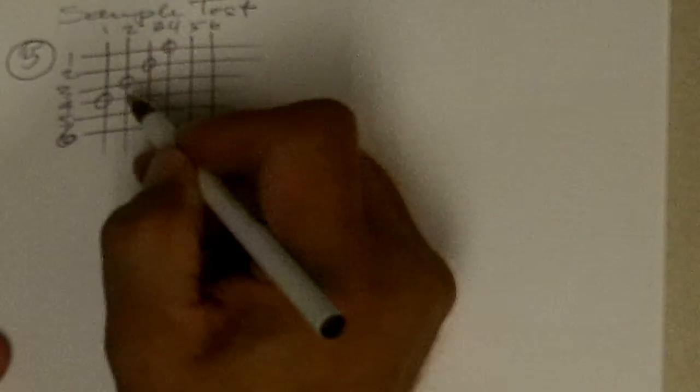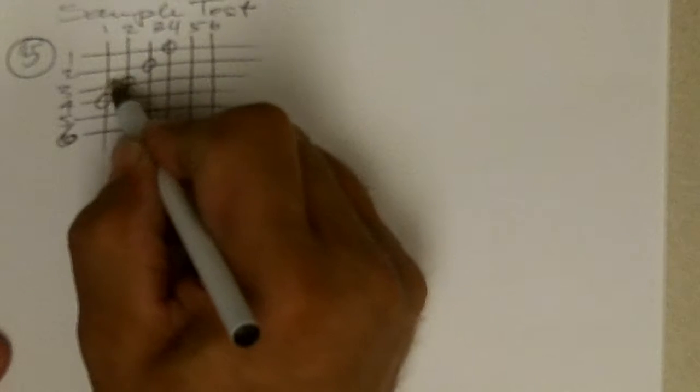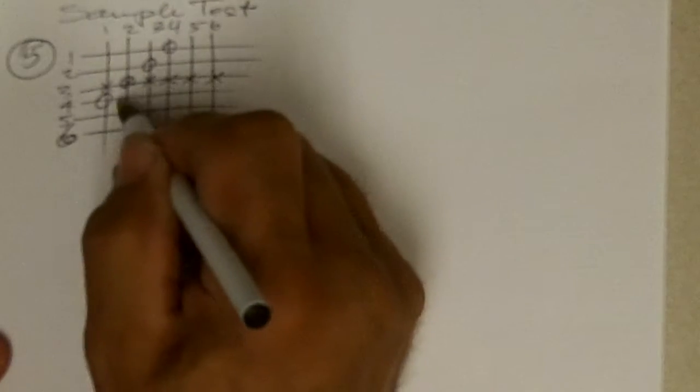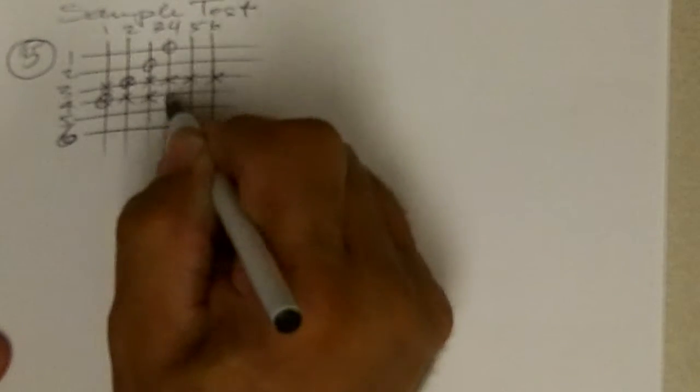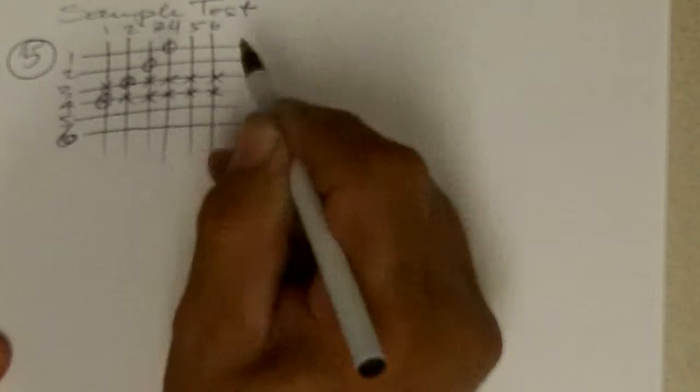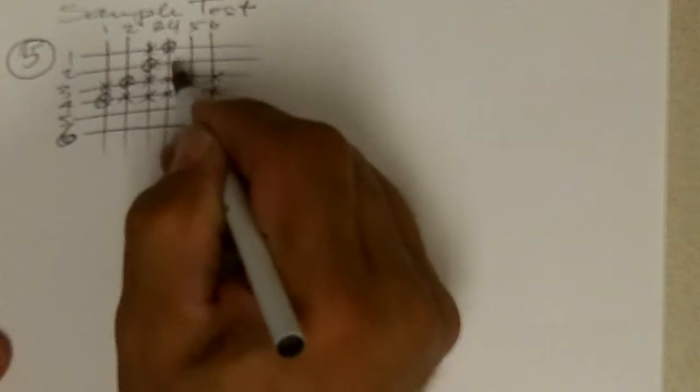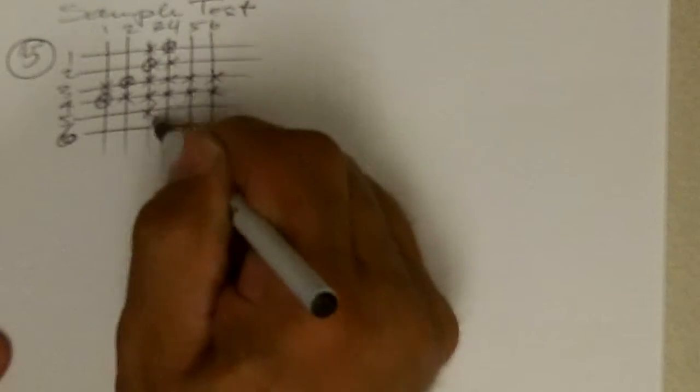And B is a 3 or a 4 shows on at least one die. So that's all of those. That's a 3 or 4 showing on this die, and then a 3 or 4 on that die would be these, and there's some overlap here.